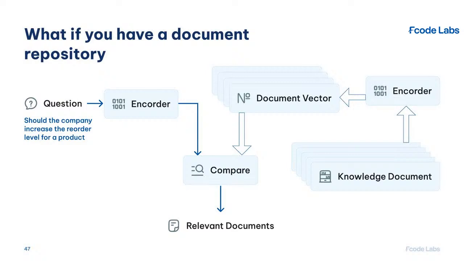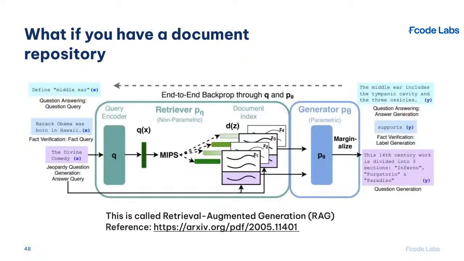This is not a very new thing. This is actually a very old thing that we use in the NLP domain for quite some time, but it's new to LLMs. So it was introduced as RAG in this research paper.